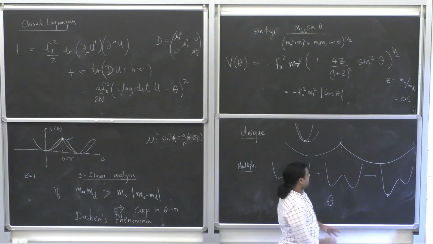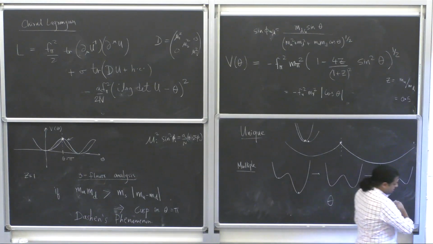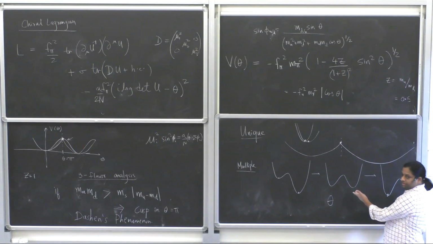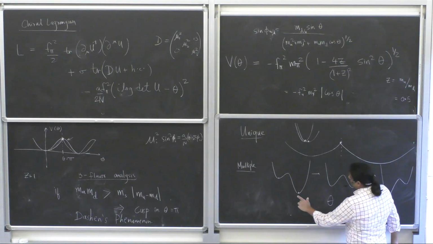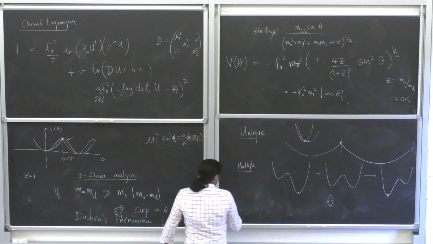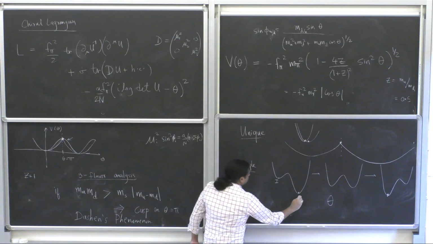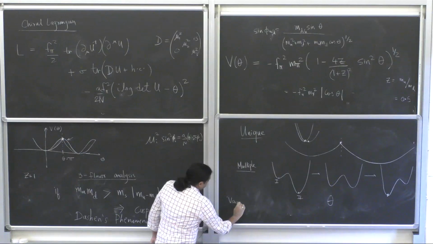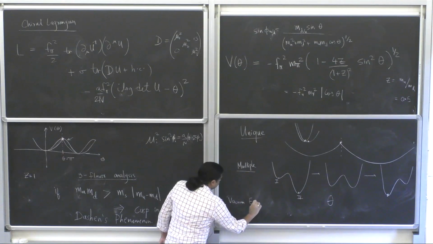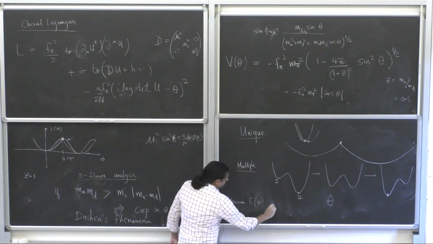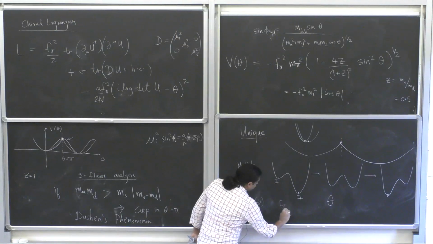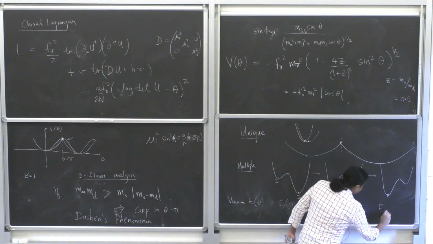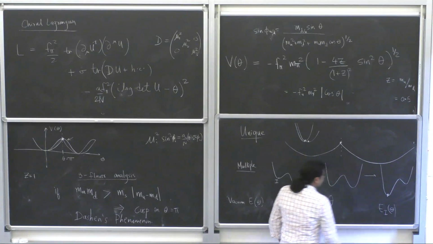The presence of this cusp is an indication of a first order phase transition, where the vacuum energy is E of theta. Let's call these branches 1 and 2. The vacuum energy as a function of theta is E2 of theta for this half of the evolution, and E1 of theta for this half, and at some point they cross.